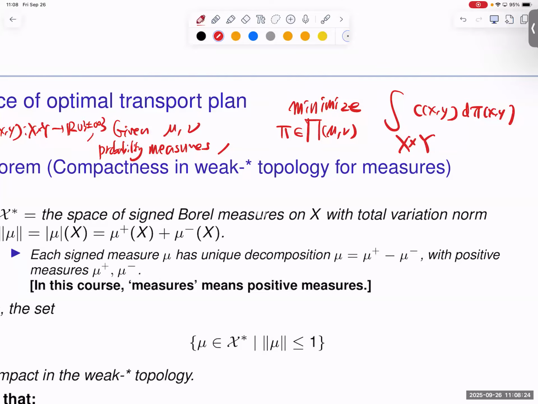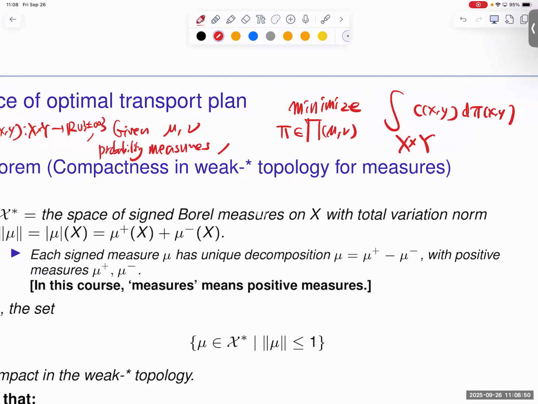To have some rich theory, you need some kind of structure on the cost function, right? So maybe you want some kind of continuity at least, and then there are some other structural conditions given on the cost function, mimicking the properties of, let's say, the distance function or distance squared.